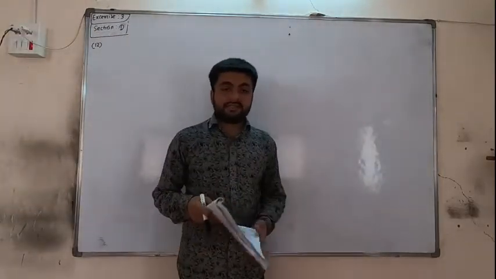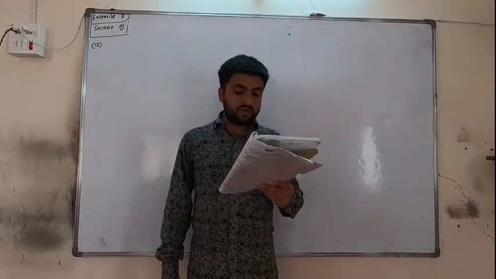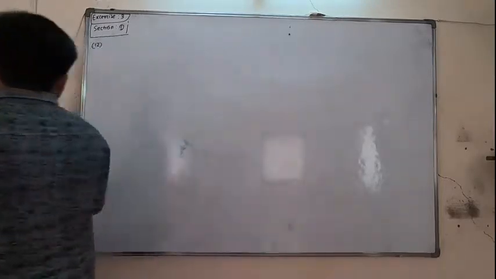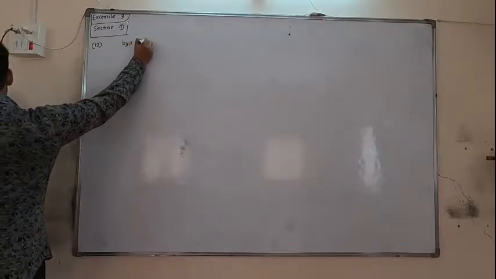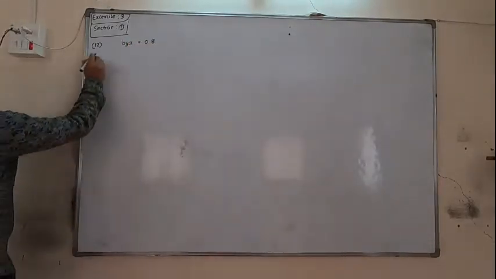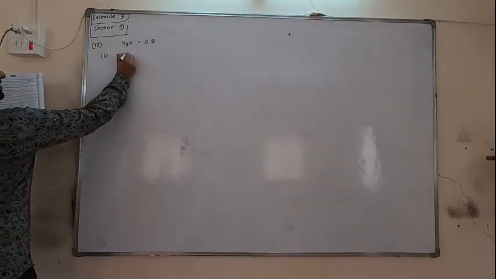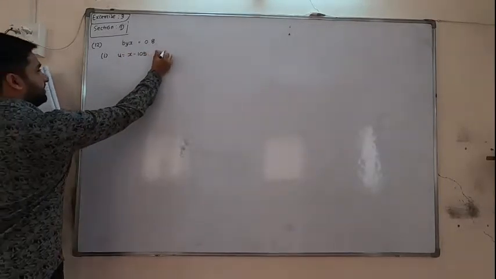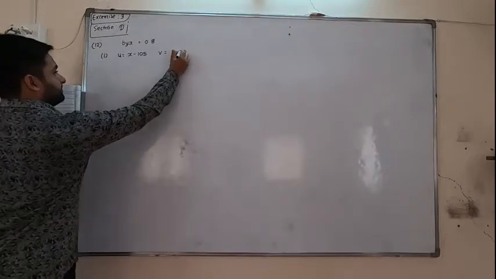If byx is 0.8, find the value of bvu for the following u and v. Okay. Commonly they are giving byx is equal to 0.8. Now in that first one, u is equal to x minus 105, v is equal to y minus 90.